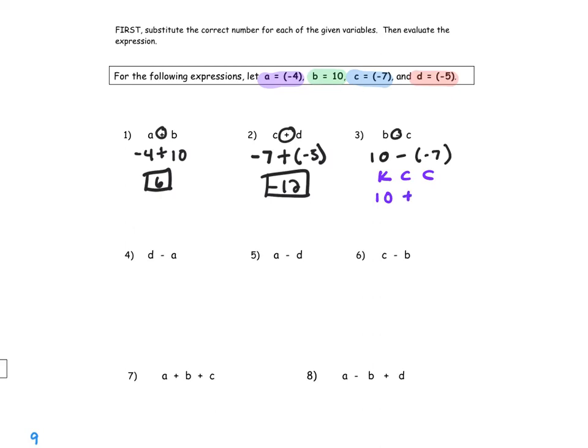This is going to help us with this number. So we kept the 10, we changed the minus to a plus, and the -7 becomes +7. Please evaluate this and state the answer. Good job. We will try the rest of this in class tomorrow so we can have more practice together.